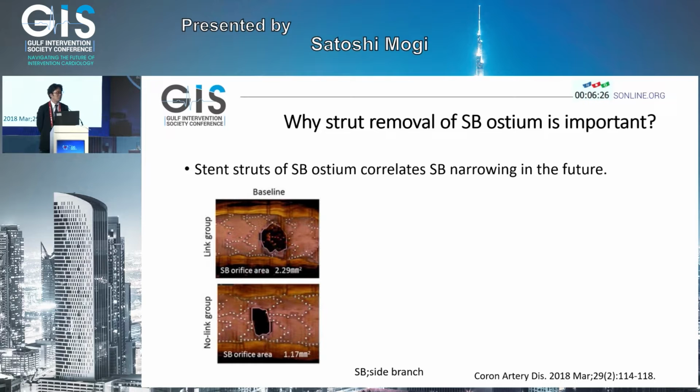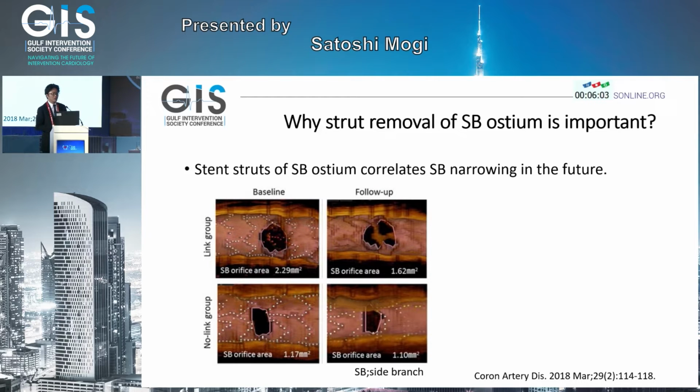Why is strut removal of the side branch important? Because stent struts at the side branch ostium correlate with side branch narrowing in the future. The upper image shows excess struts in front of the side branch ostium. Below, there are no excess struts in the side branch.